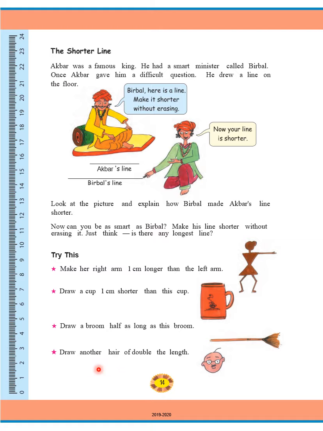Last question is, draw another hair of double the length. The length of this hair is around half centimeter or 5 millimeter. So if we double 5 millimeter, then 5 plus 5 millimeter is equal to 10 millimeter or 1 centimeter.